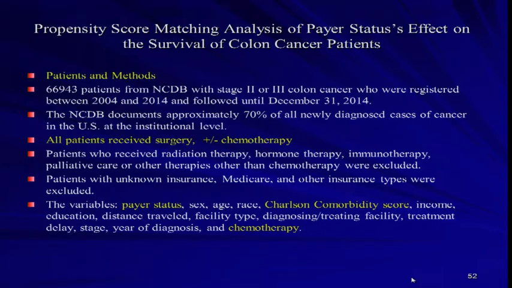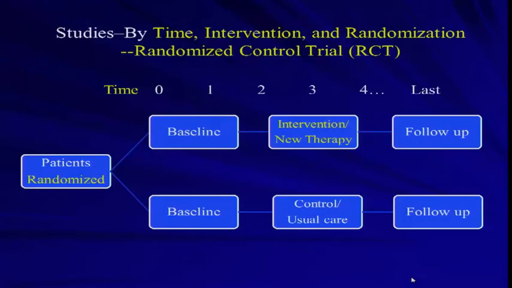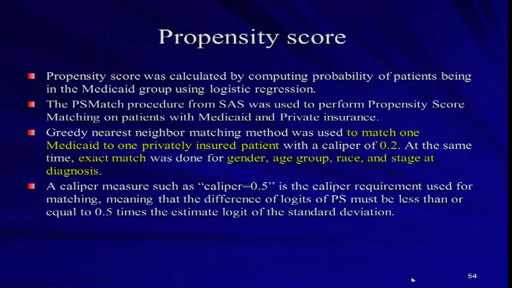So like this, I have about 60,000 colon cancer patients, and all patients received surgery. The only variable I include is whether or not they received chemo. If they had other therapy, they were excluded. The payer status and other factors were adjusted in this analysis. So we try to simulate how we would do those.